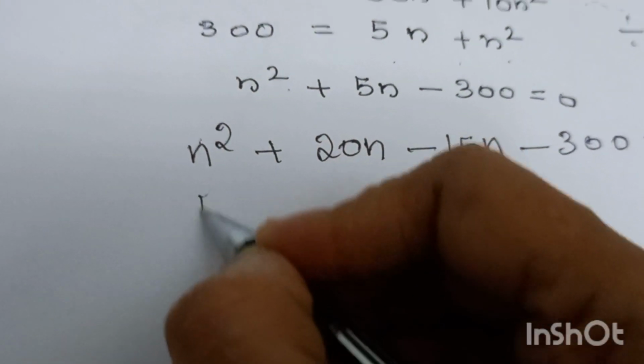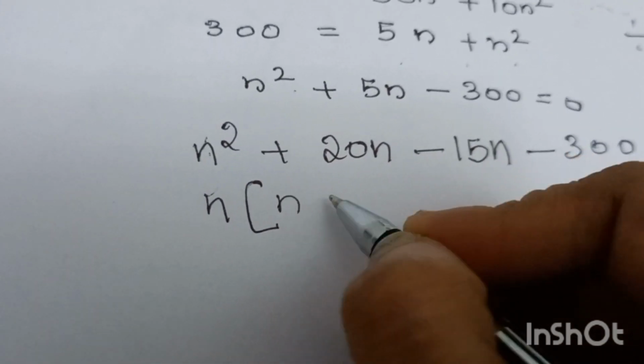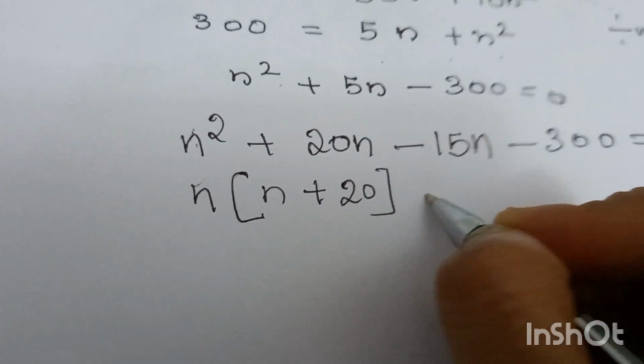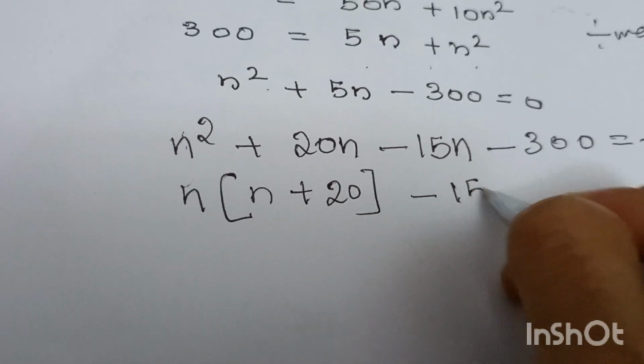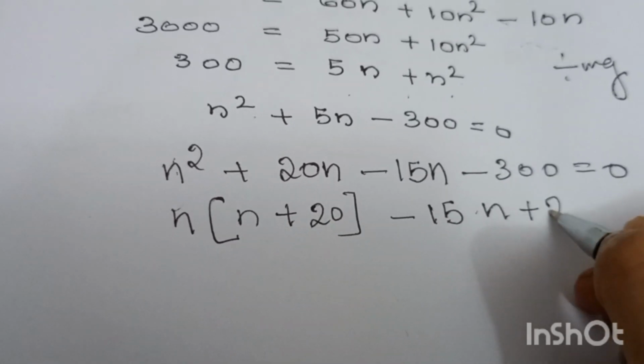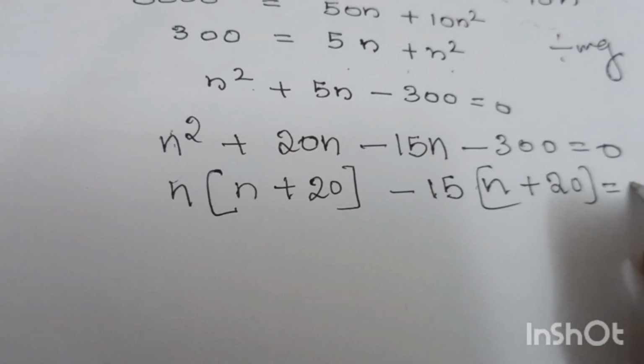So from this we take n outside. What is remaining? n plus 20, minus 15, n plus 20, which is equal to 0.